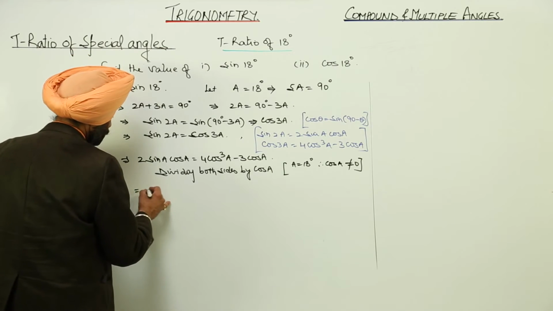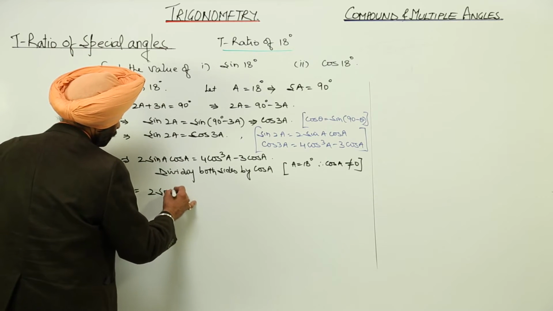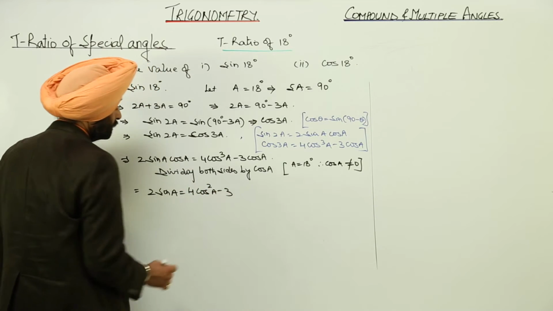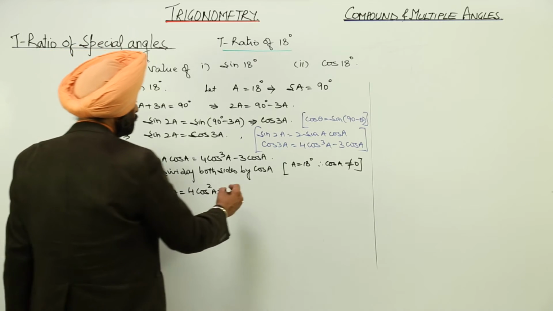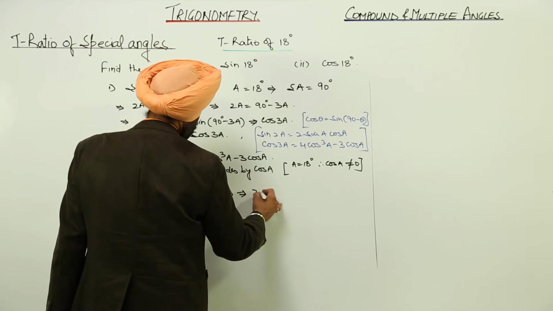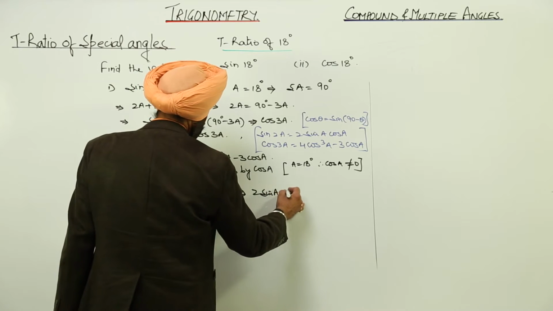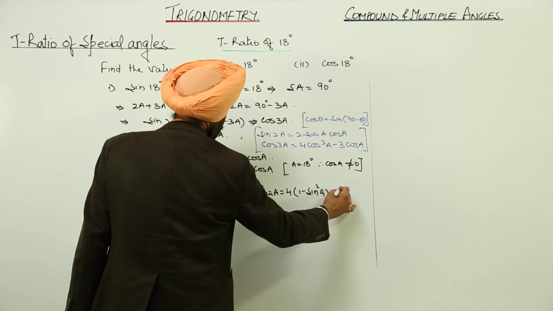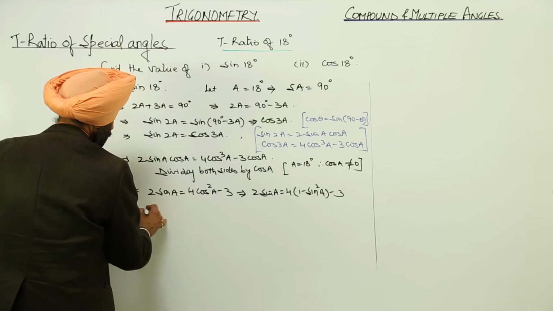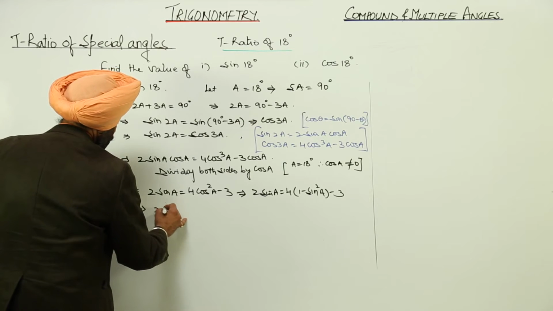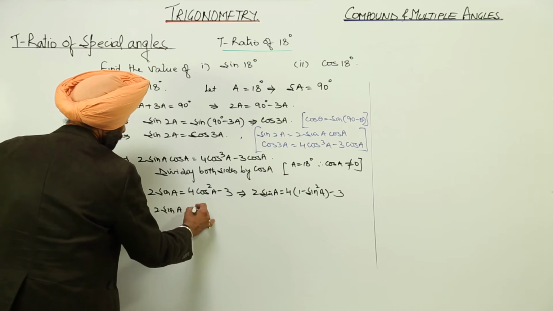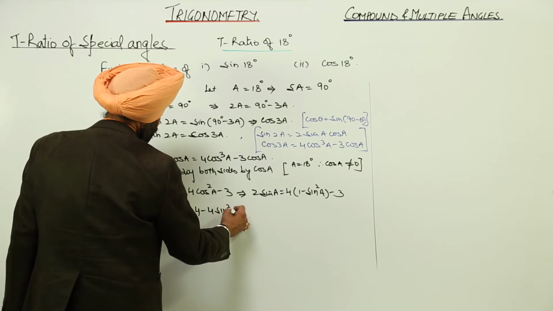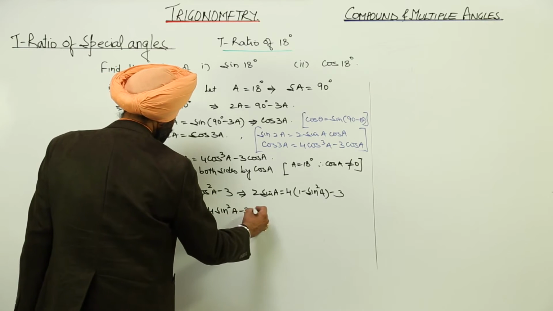We are getting 2 sin A is equal to 4 times cos square A minus 3. One cos A is cancelled. Now further this becomes twice of sin A is equal to 4 times (1 minus sin square A) minus 3. Twice of sin A is equal to 4 minus 4 sin square A minus 3.